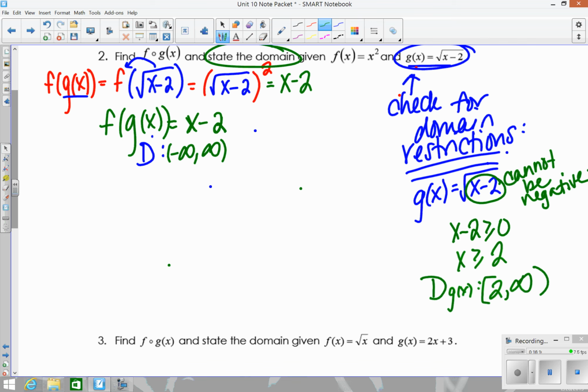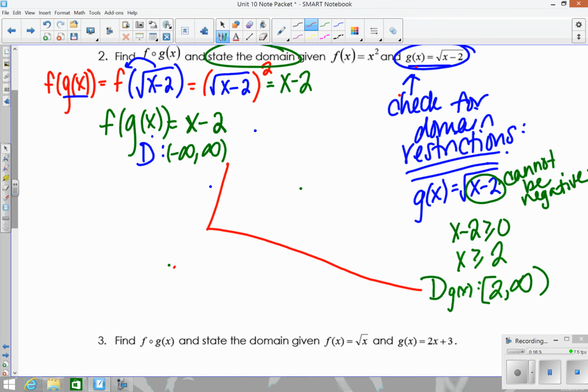There's no restrictions. But when you go to write the domain for the entire function, the composition, you now need to take into consideration both of these. So even though I ended up with something that has all real numbers as a domain, because I inputted this square root of x minus 2, and because we're looking at this as a composition, we have to take whatever is most restrictive as our domain.